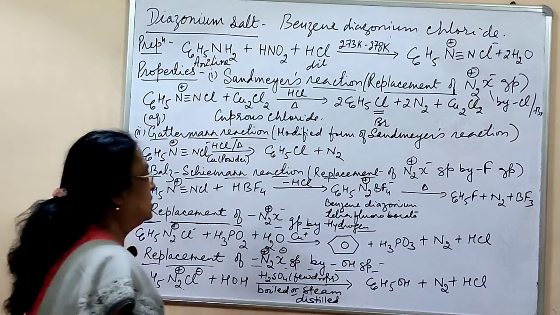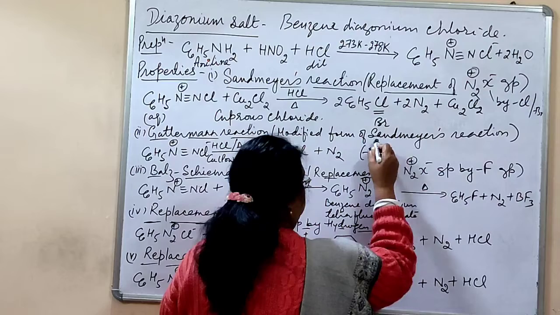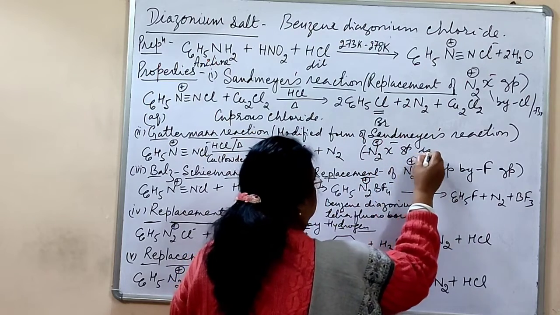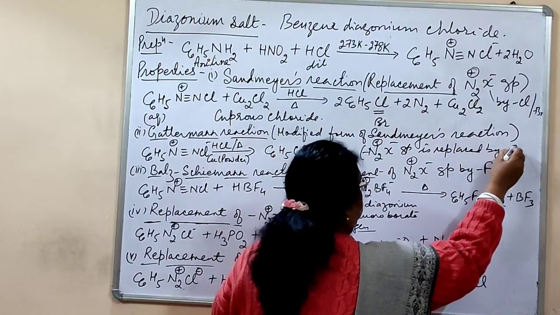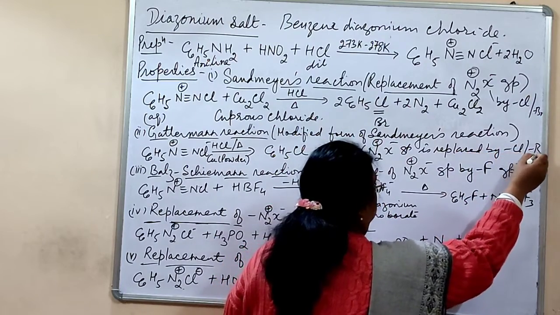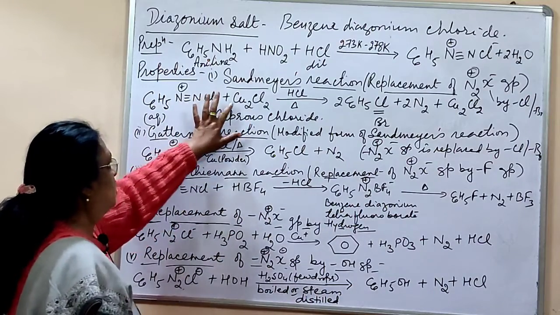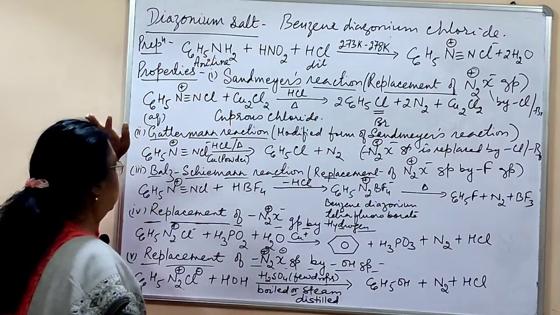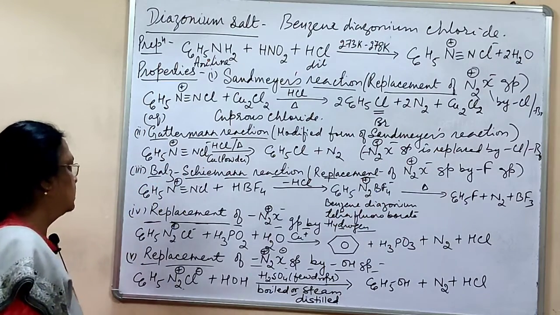So in this case also your N2X group is replaced by either a chloro group or a bromo group. What is the difference? Here cuprous chloride is taken as catalyst and here copper powder is taken as a catalyst.